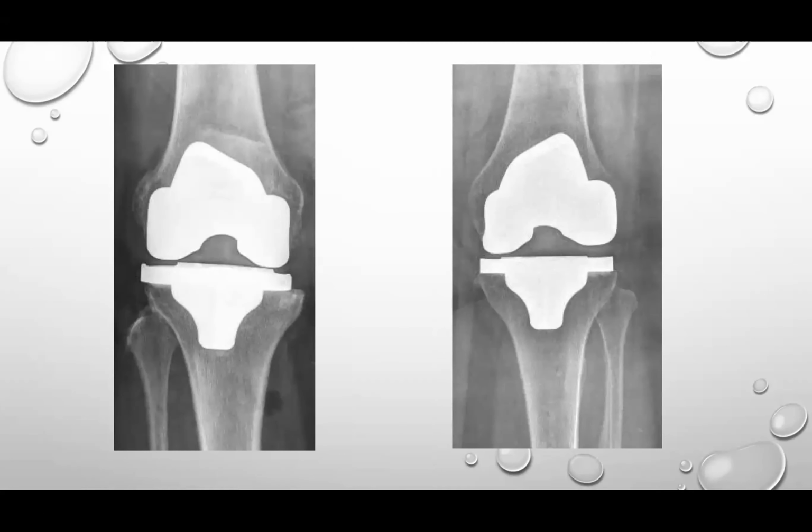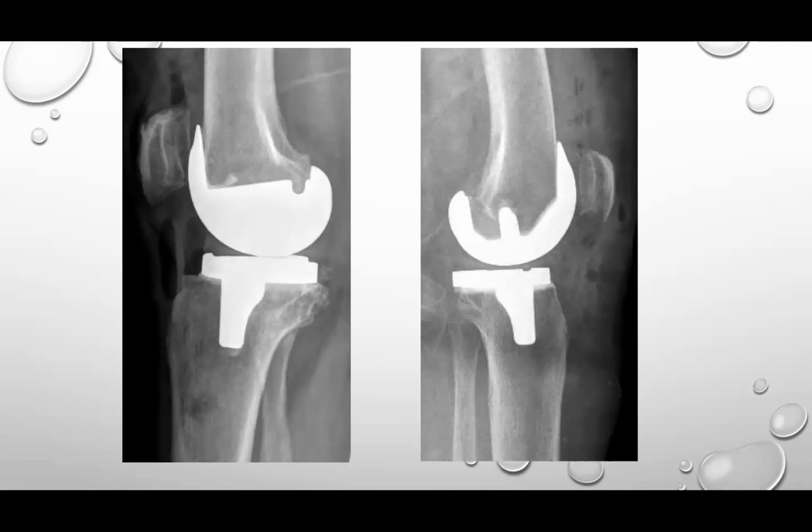From the AP view, they look the same if you select the same manufacturer. On the lateral view, you can see that the posterior stabilized knee has a box and cam, while in the cruciate retaining one, you can see a very simple implant without any box here. Sorry, the pictures are reversed.